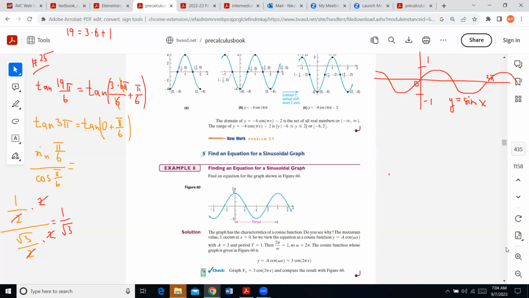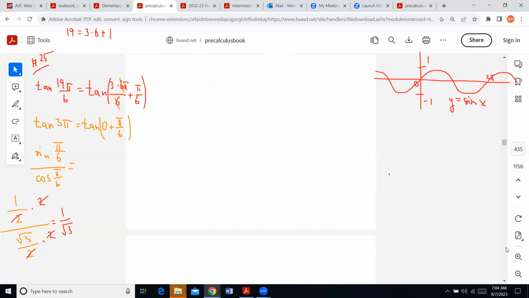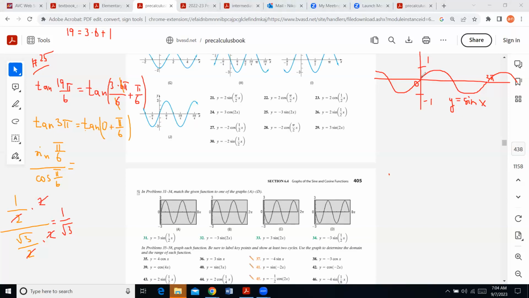Because once you have this piece that I just graphed between 0 and 2 pi, that's good enough, because you can repeat this a few times to the left and to the right, and that's all really needed.